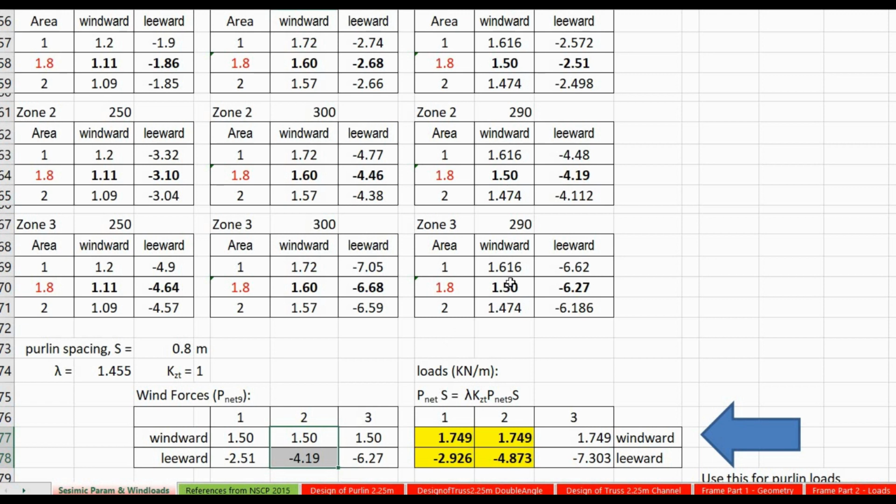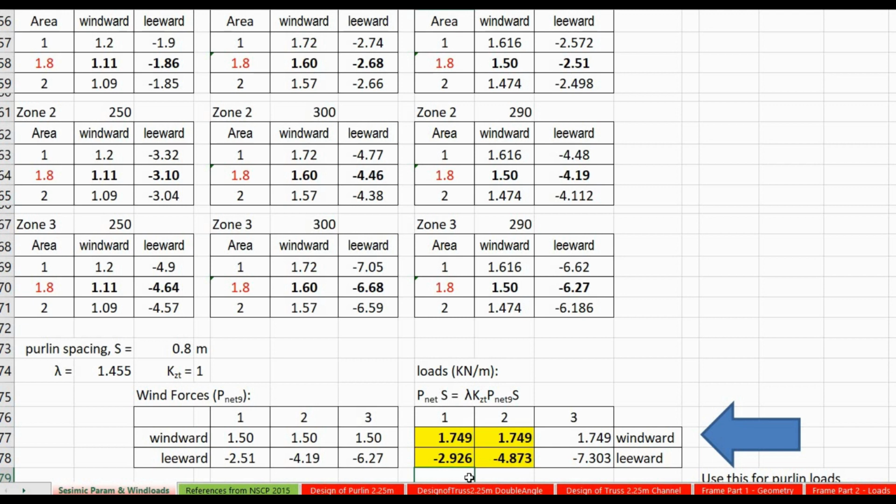And for zone 3, 1.5 and negative 6.27. So now, we compute the loads for our purlins. So for zone 1, we have 1.749. That equation is adjustment factor times KZT times P net 9 times S.